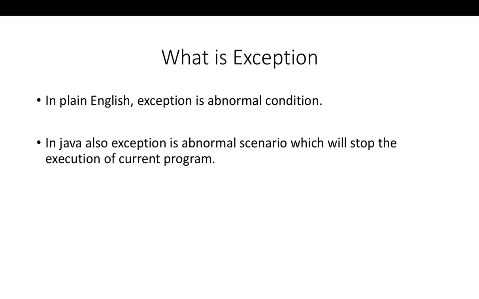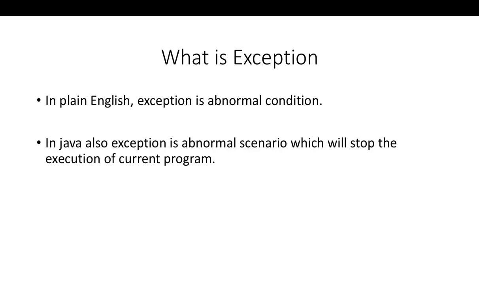So before getting into technical terms, let's talk in layman terms about what exactly is exception. So exception is nothing but an abnormal condition, or not a day-to-day activity. It's just that something exceptional, right? So abnormal condition.